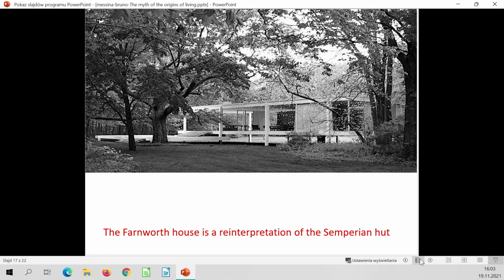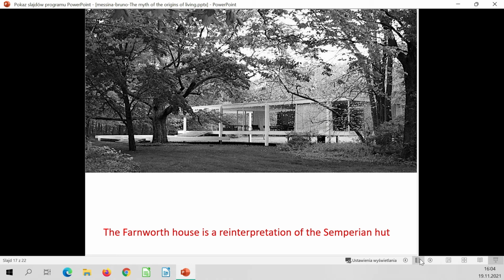The later Farnsworth House is a reinterpretation of the Semperian hut. The 4 elements of architecture, however, are declined in abstract form. The base becomes a podium raised from the ground. The white frame reveals an immaterial image in which the pillars now denote the tectonic function of supporting.